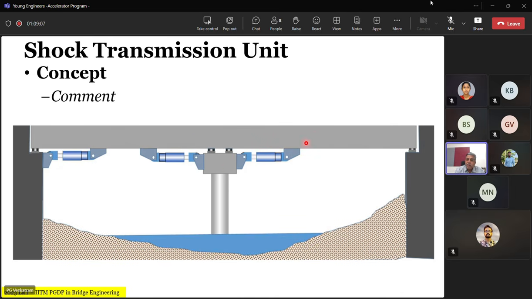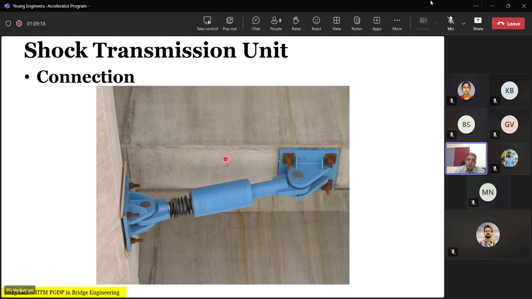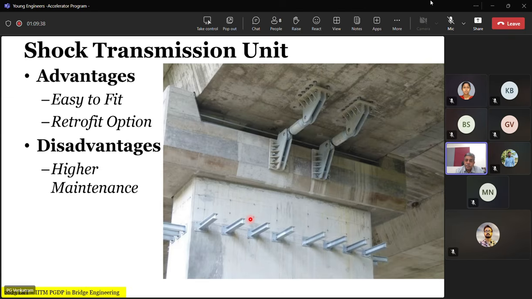Anything you do, you have to apply a force opposing the direction of motion, so shear will always come there. But here it's a normal force, which is easier to design in the pier cap. The superstructure has a very large depth, so it is a much stronger member that can resist the shear and axial force, but this will be a problematic one. So normally when you do the shear STUs, make sure that they are installed horizontally.